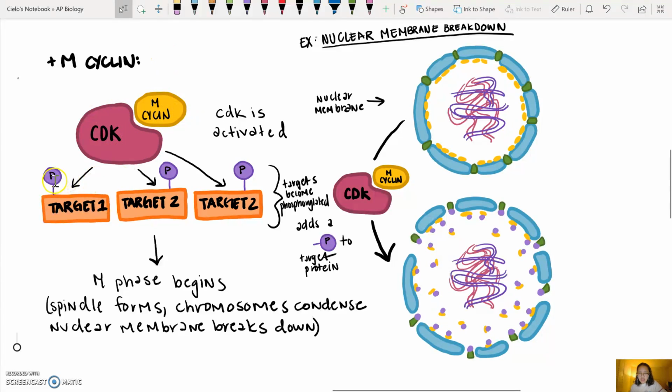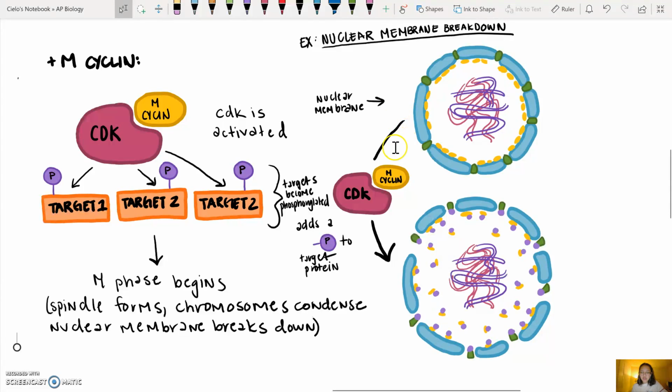The complex adds phosphates to the different proteins in the nuclear envelope, which is seen by this diagram right here, and that is important for the beginning stages of the M phase.